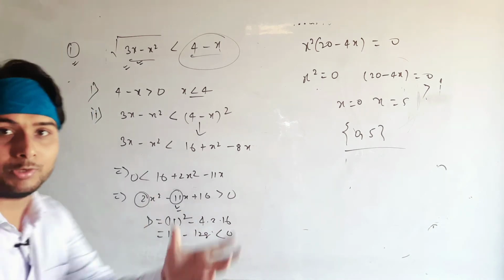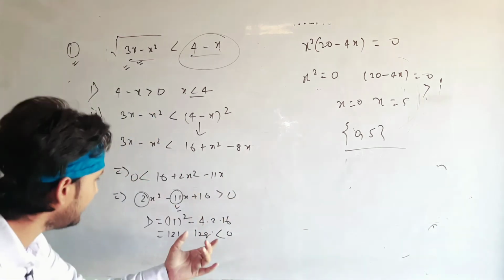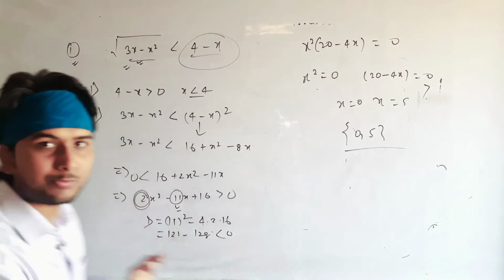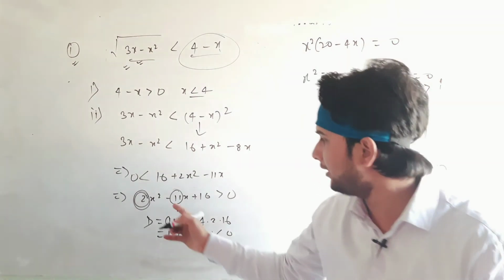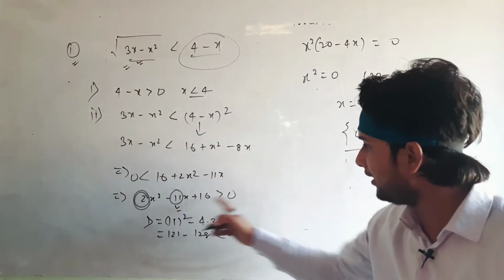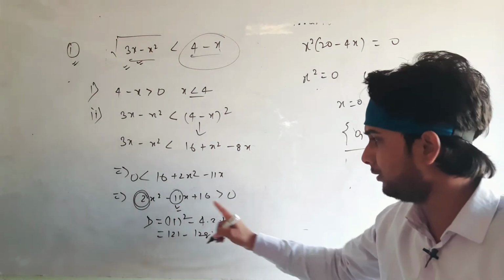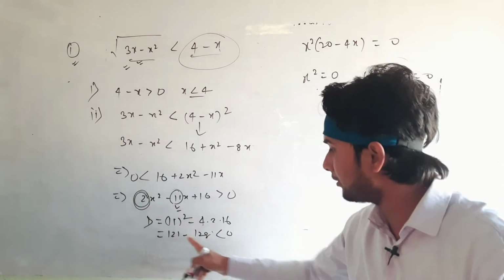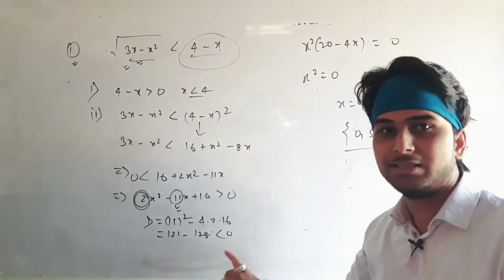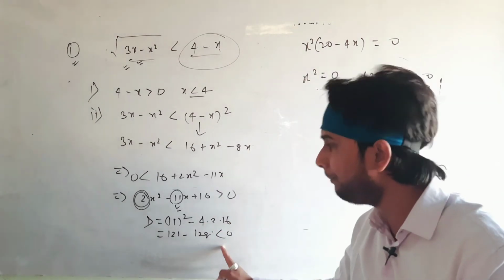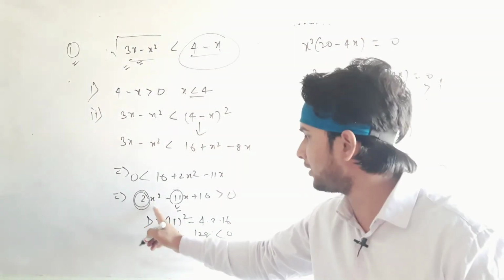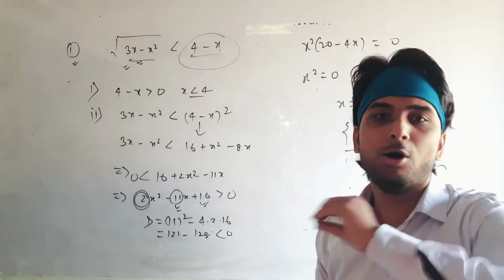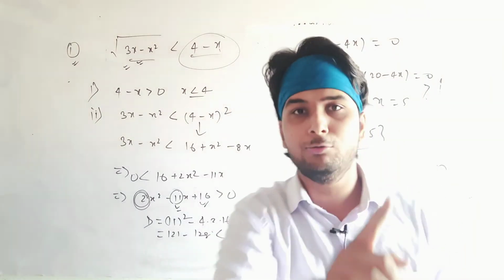When the quadratic is greater than 0, and its discriminant is less than 0, and its coefficient of x square is positive, then you will say the quadratic will always be positive for all values of x.